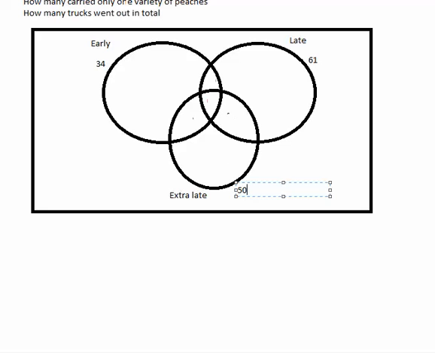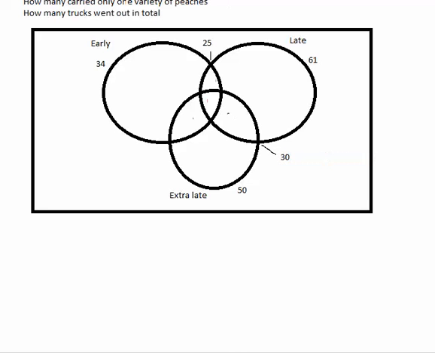We also know that we have a total of 25 trucks that carried early and late peaches. There is a total of 30 trucks that carried late and extra late peaches.